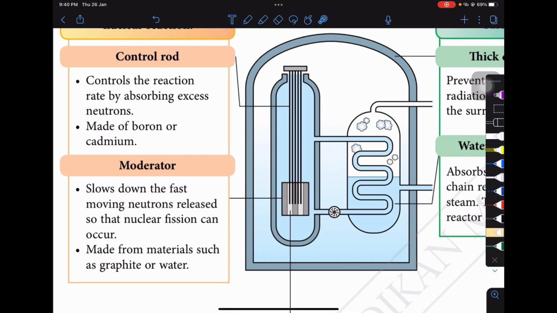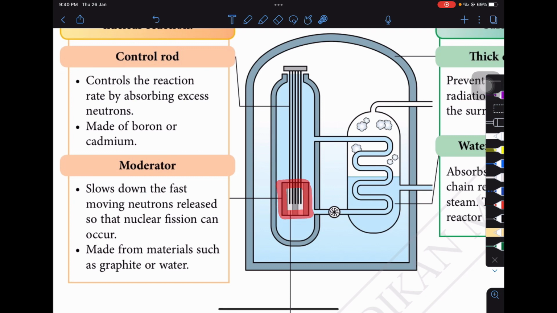We need neutrons which are moving slowly, so in order to slow down the fast moving neutrons, we need a moderator. When that happens, nuclear fission can occur.